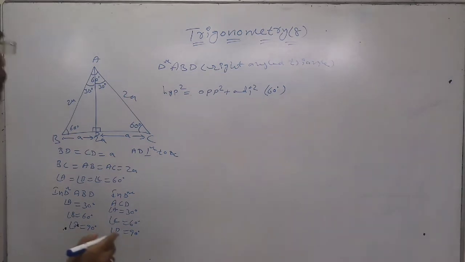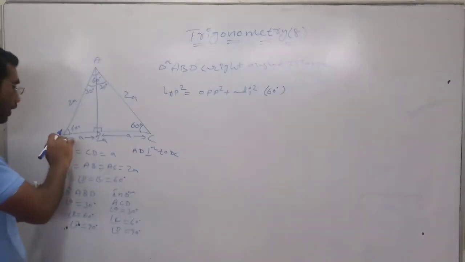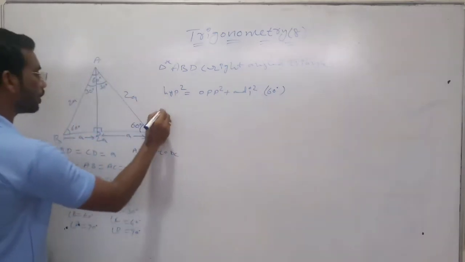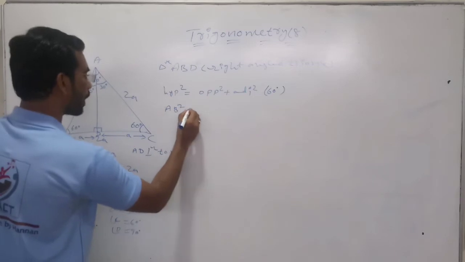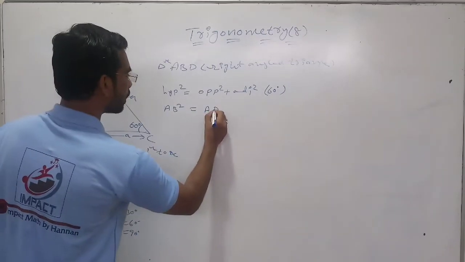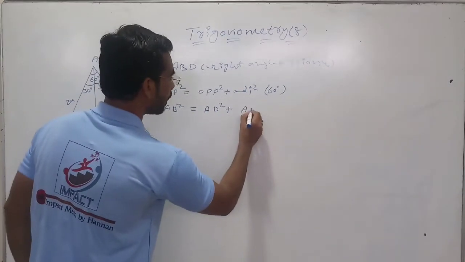Now hypotenuse square equals opposite square plus adjacent square. We are using the 60 degrees. Then if you are taking this angle, what is hypotenuse? AB square. Okay. What is the opposite side? AD square. And adjacent is BD square.